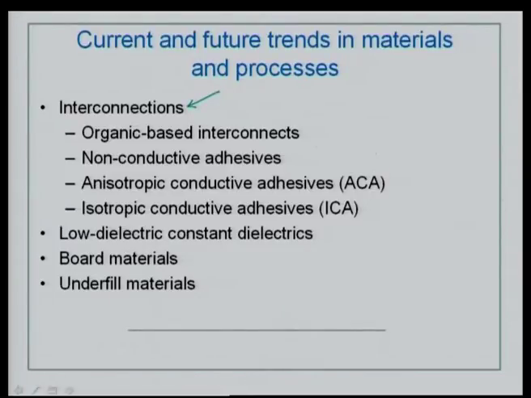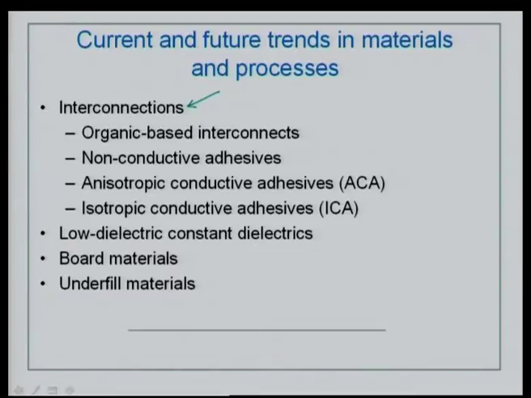So, we are talking about today organic based interconnects, non-conductive adhesives play a key role when you mount these devices like TAB or a flip chip. So, they definitely aid or play a key role in defining the interconnects on the system.